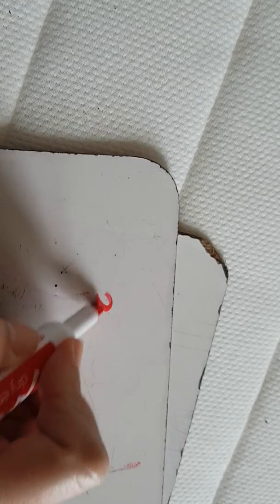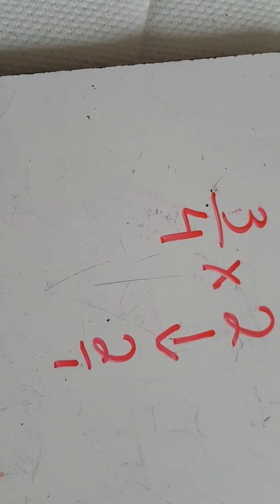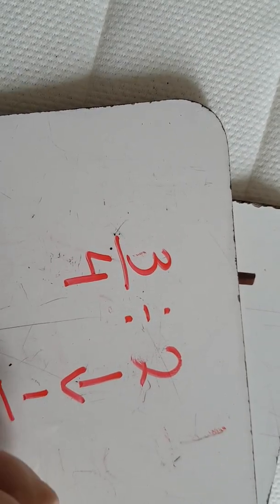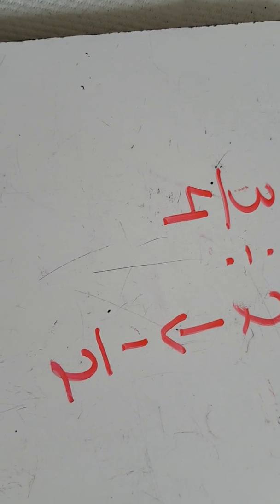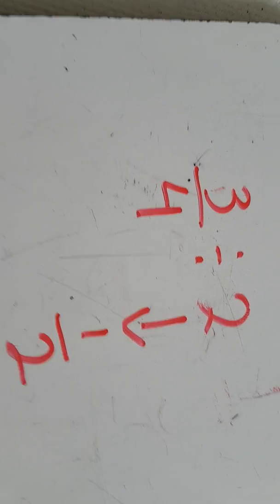Now when you're dividing, let me flip this around again. If I had 3/4 times 2, that essentially meant 2 over 1. But now that I'm dividing, now it means 1 over 2. Okay? So when I'm saying flip it, that's what I mean.